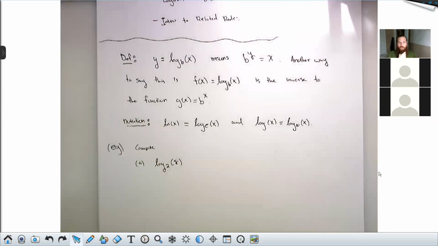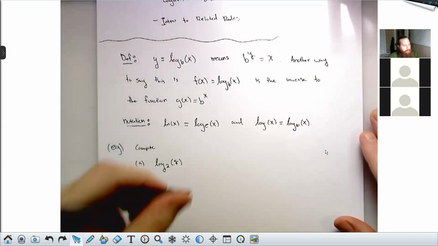Does anybody remember how to do this? Isn't 2 like the base? 2 is the base. Yes, this is the base 2 logarithm of 8. Right. So 2 to the 8th power? No, that we would just write as 2 to the 8.